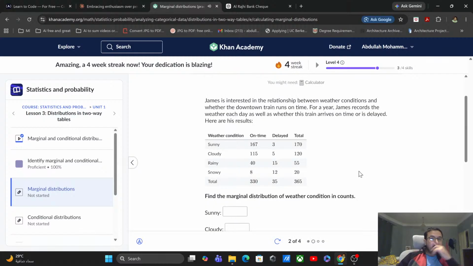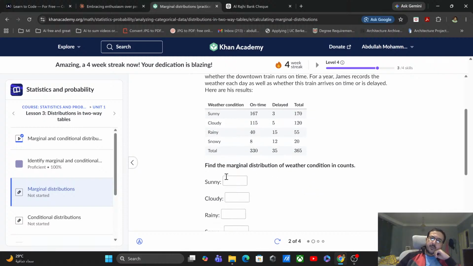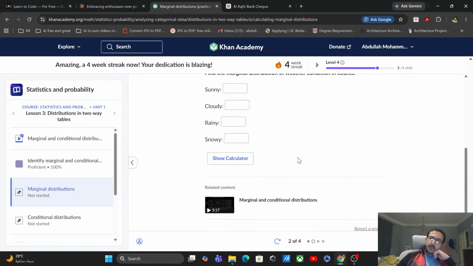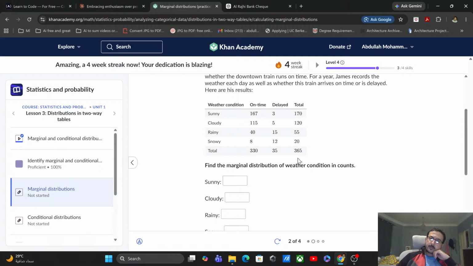Okay. James is interested in the relationship. Weather condition, sunny, on time, delayed, total. Find the marginal distribution of weather conditions in counts. So in counts, 170 over 365. In counts.